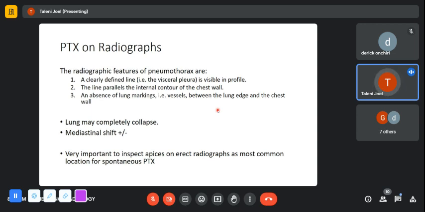Those are the cardinal features. The lung may also completely collapse, and there may be mediastinal shift associated with it. If mediastinal shift is present, then that is a tension pneumothorax. It's also very important to inspect the apices very carefully, because in primary spontaneous pneumothorax, that is the commonest place to see them.